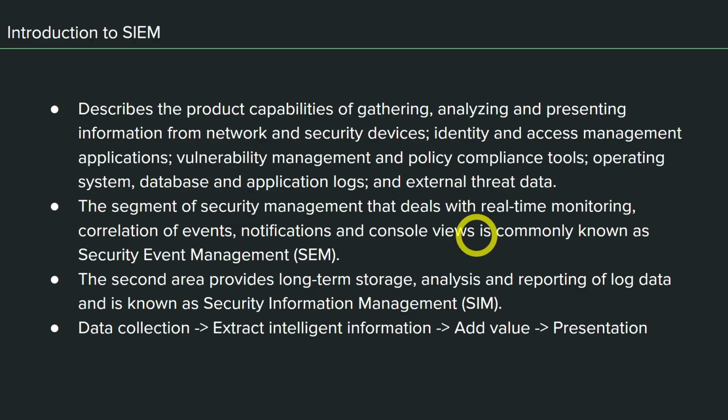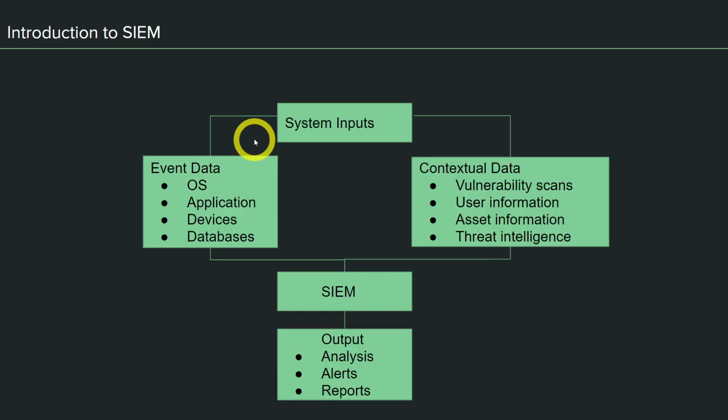And the usual flow of a SIEM is, first of all, you have to collect the data, right? In this graph, you have all of your inputs. So you have, for example, your OS logs, applications, devices, and databases. And on the other side, you have contextual data, which can be vulnerability scans, user information, asset information, and threat intelligence.